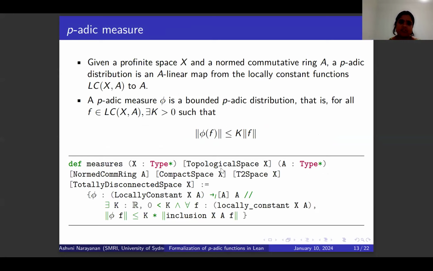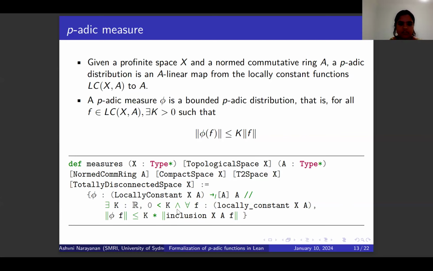And a p-adic measure is basically a bounded distribution. So if you're given a locally constant function, then the norm of phi of f must have a bound in terms of the norm of f, where here the norm is the supremum norm. Okay, so this is a relatively straightforward definition.